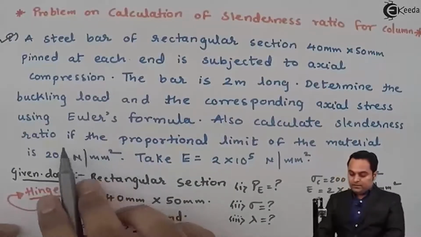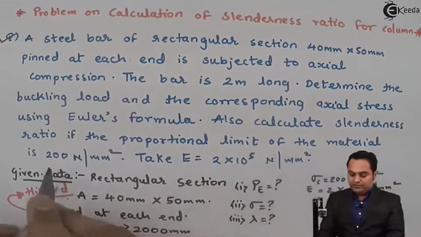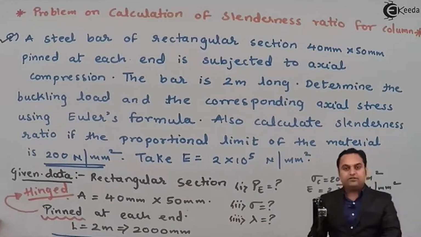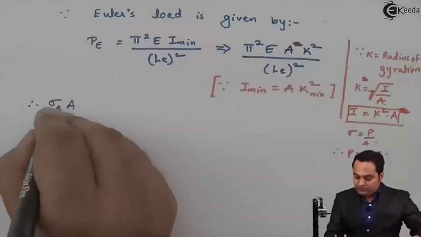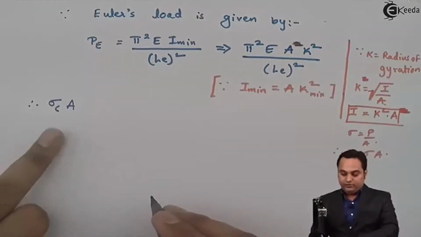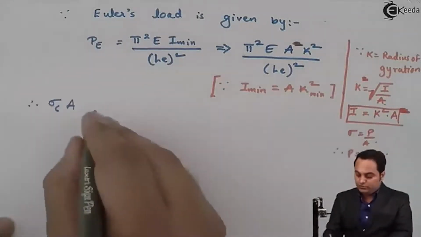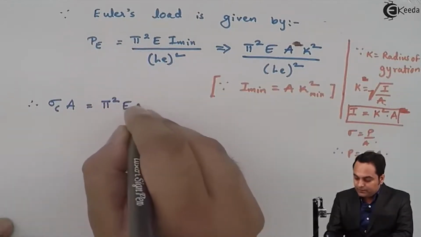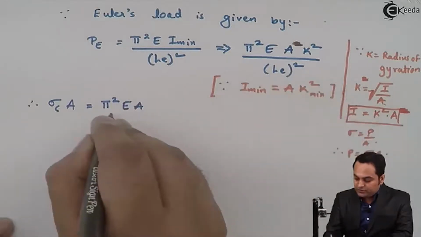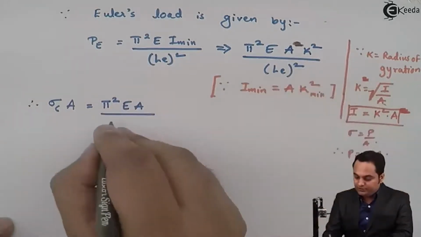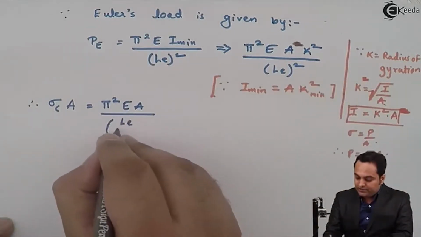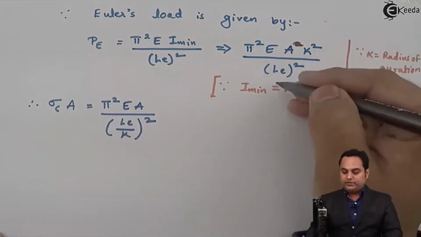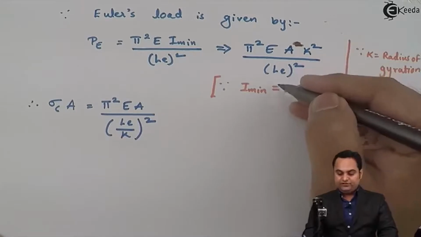That is, the proportional limit of the material is sigma c, the compressive stress given in the problem. So I'll use this compressive stress into area, which is the Euler's load, and that is equal to pi square E A, and this k square I'll send into the denominator, so that becomes LE upon k whole square.